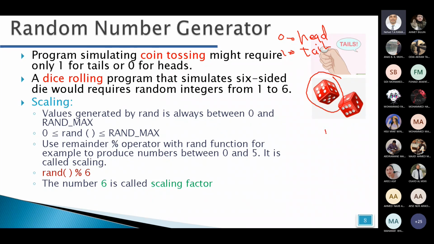Maybe you have 1 dot, 2 dots, 3, until 6, yes? So to simulate the dice rolling, like someone rolls the dice, how to get the number randomly from the computer, you need to get a random number from 1 to 6.